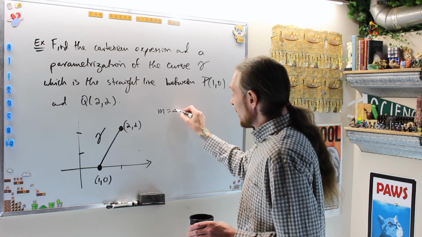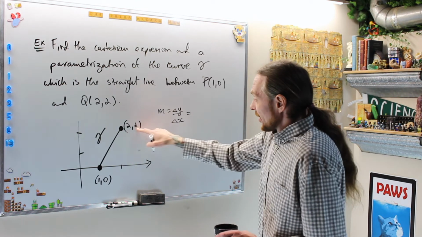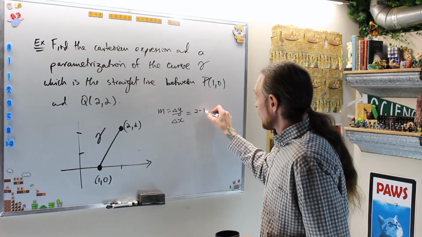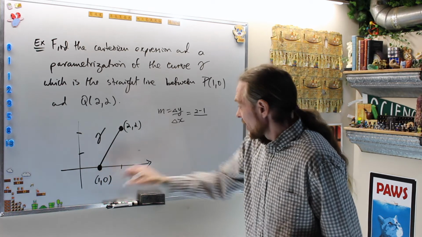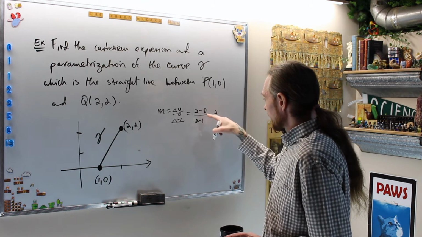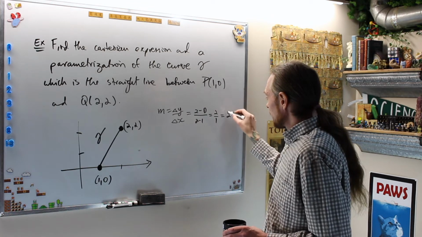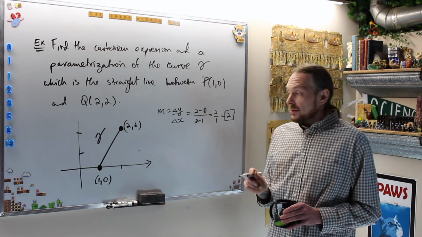The slope is rise over run, change in y over change in x, which is 2 minus 0 over 2 minus 1, which is 2 over 1, which equals 2. So our slope is 2.